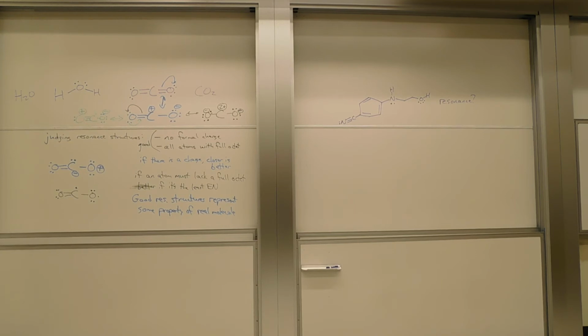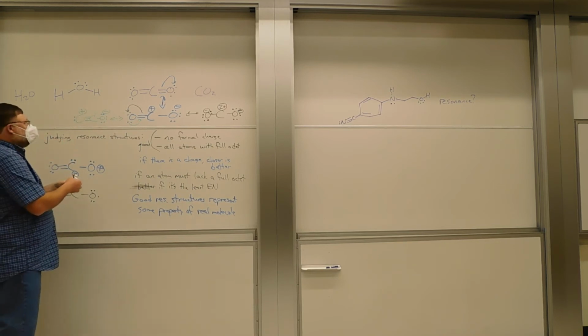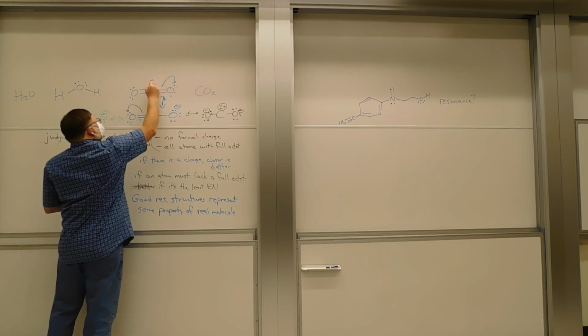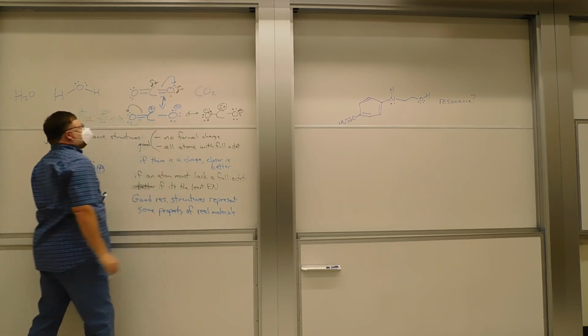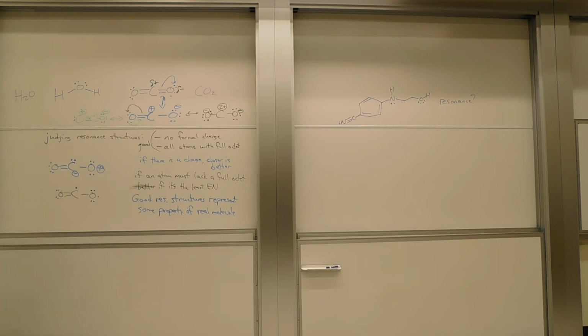So these two resonance structures, it turns out, don't represent anything about the real property of the molecule. If you look at carbon dioxide, there's a significant partial positive charge on the carbon and a partial negative charge on the oxygen. The molecule is symmetric, so the overall dipole of carbon dioxide is 0. The dipoles of both carbon-oxygen bonds cancel.